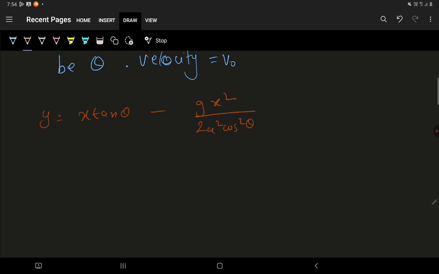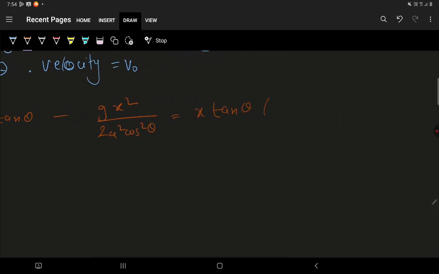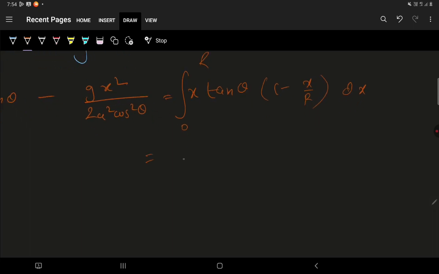It seems to be lengthy because we need to integrate it from 0 to R. Cut it out, take the x tan theta out, and just multiply it with 1 minus x by R. Just this is the required factor. Now you have to perform the integration from 0 to R. If you perform it, you will get that the area A is proportional to tan theta into R square, some constant c.